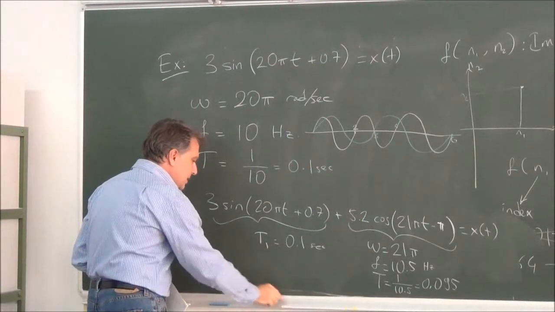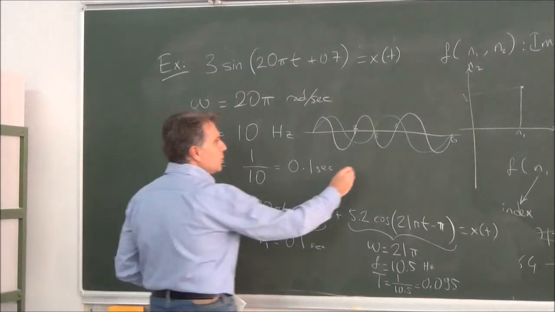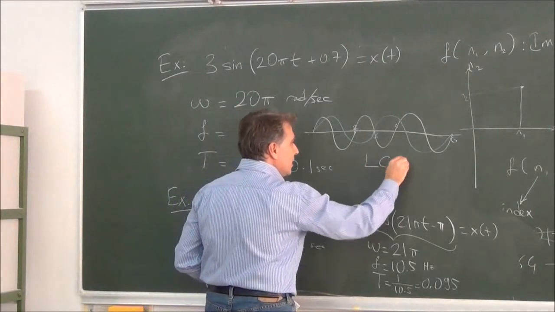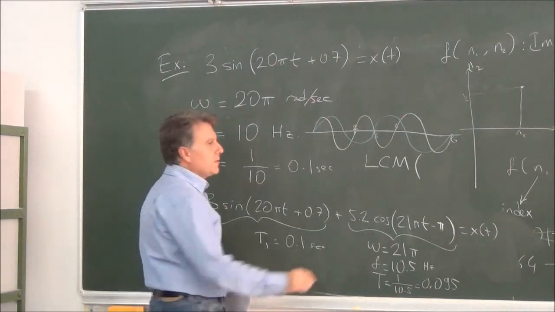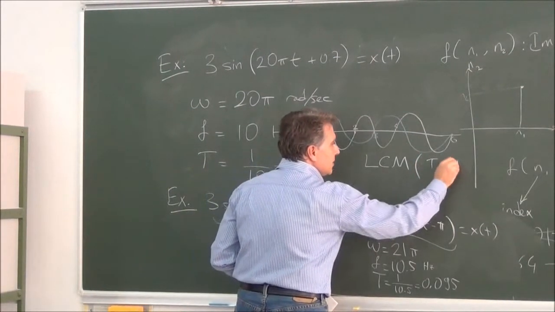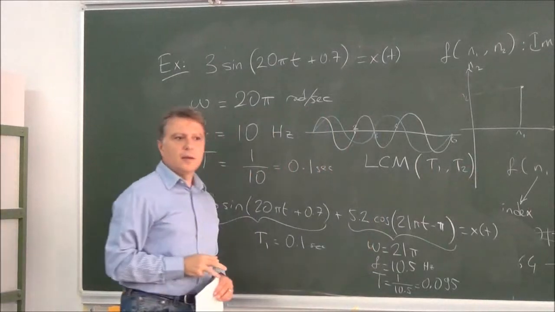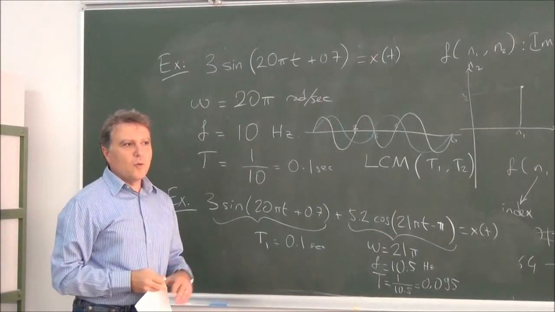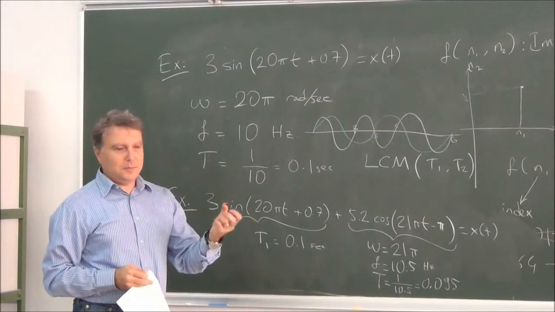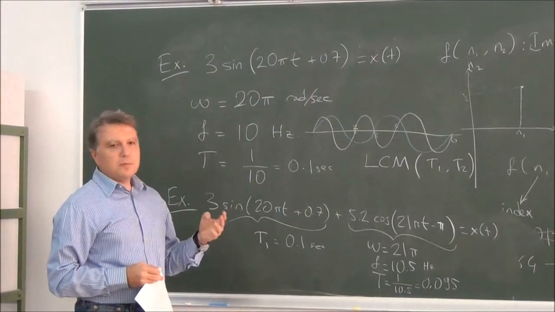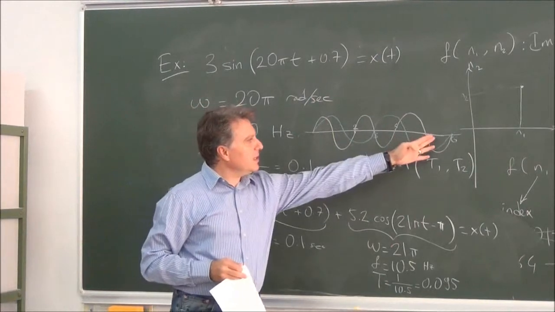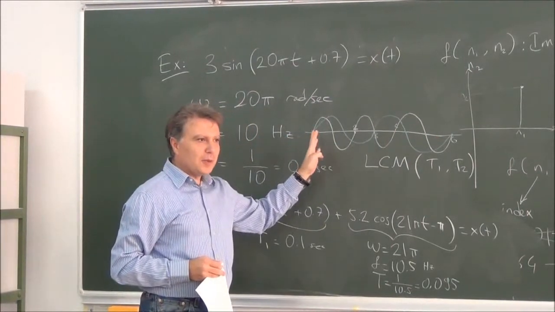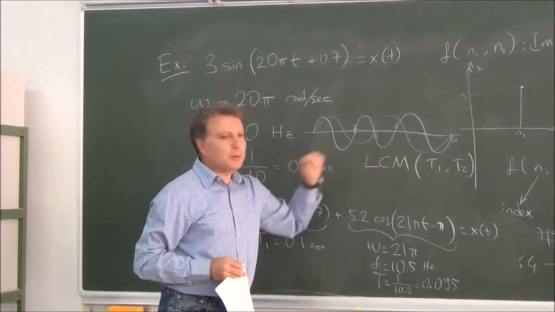So 6 is the combination of the two, which is the least common multiple of the two periods. 6 is an integer multiple of 2, and it's also an integer multiple of 3.